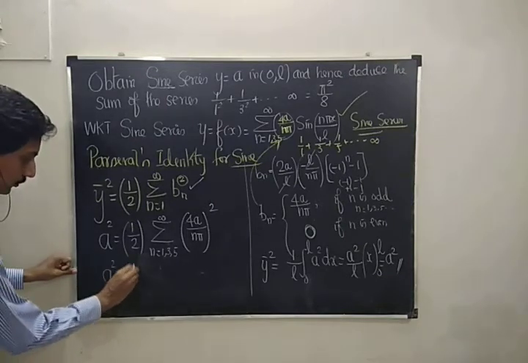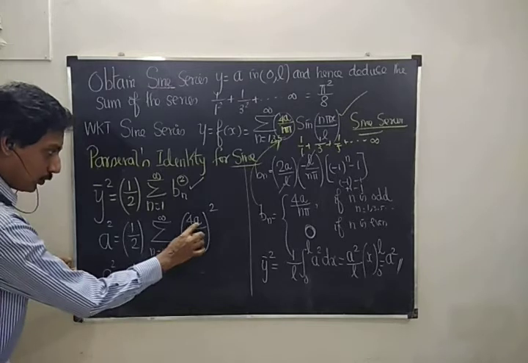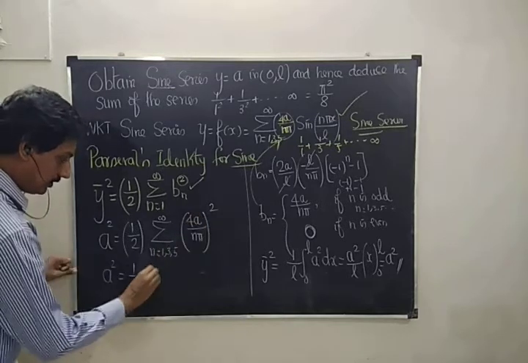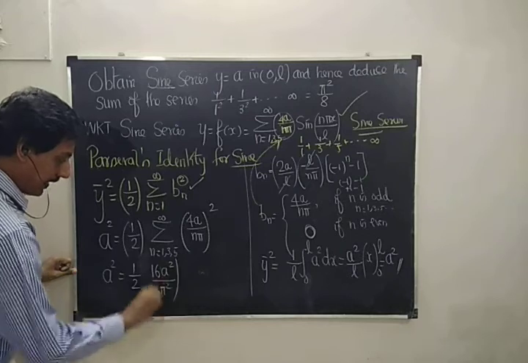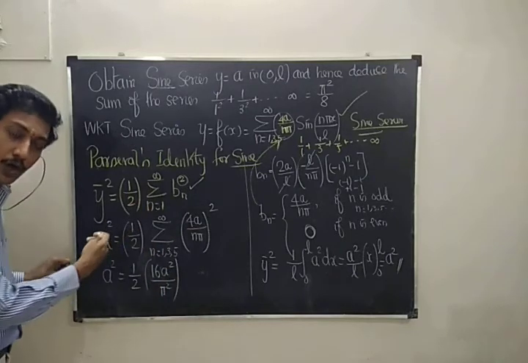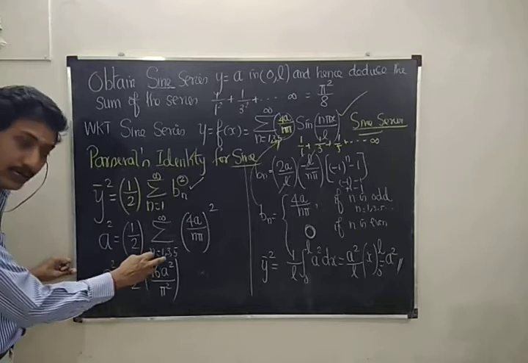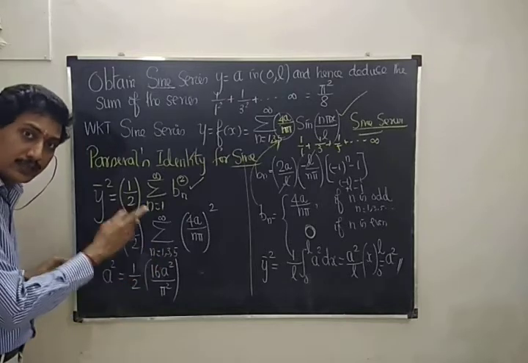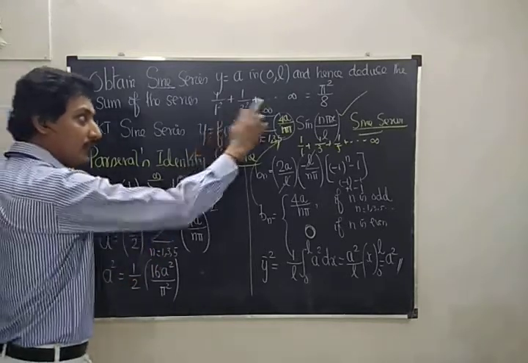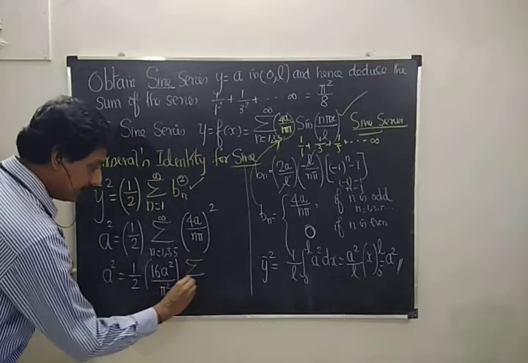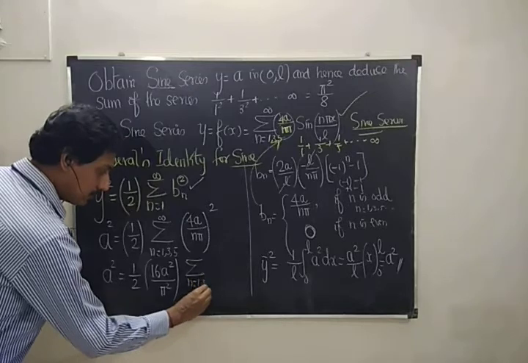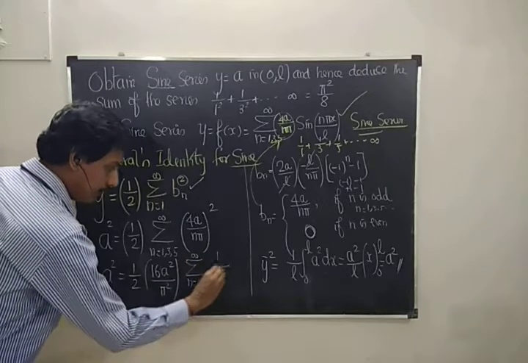A square is equal to 1 by 2 into, can we square this one? We get 4 square is 16. So 16 a square by pi square, because I am bringing out all the constants other than the n value, because n is the only term which will generate the required infinite series. So I can keep the n term alone inside: sigma over 1, 3, 5 to infinity 1 by n square.